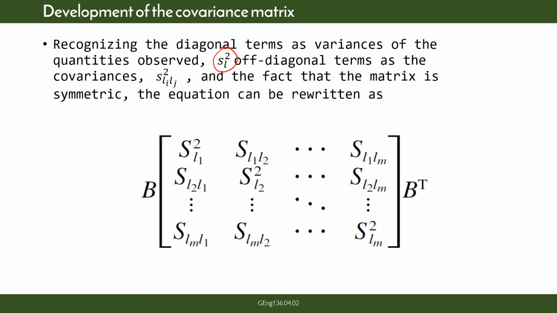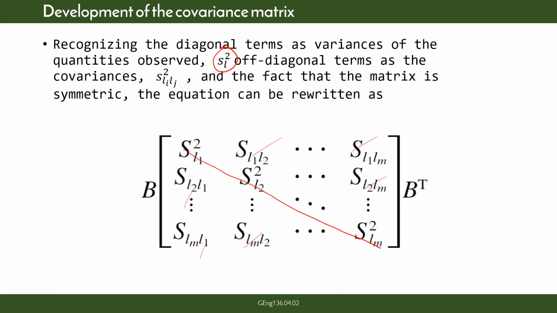So meaning to say this is your diagonal, then you have your off-diagonals here. And given the fact that the matrix is symmetric, the equation can be rewritten as this one.